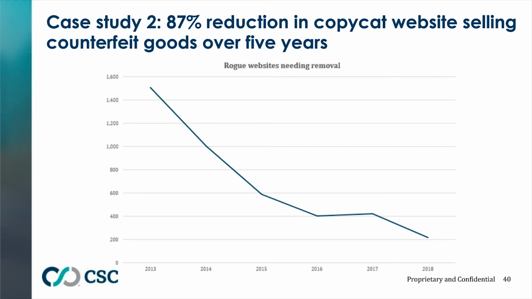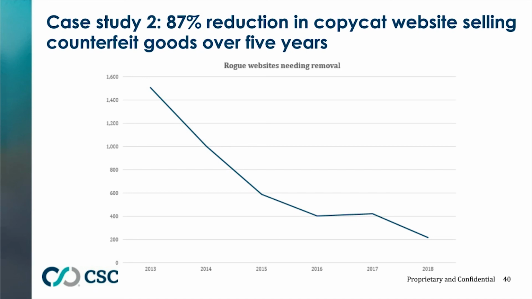When we started working with this brand, they were experiencing about 1,500 infringements per year, 1,500 rogue websites, copycat websites. By the time 5 years was in the service, this was down to about 200. So a very significant reduction.